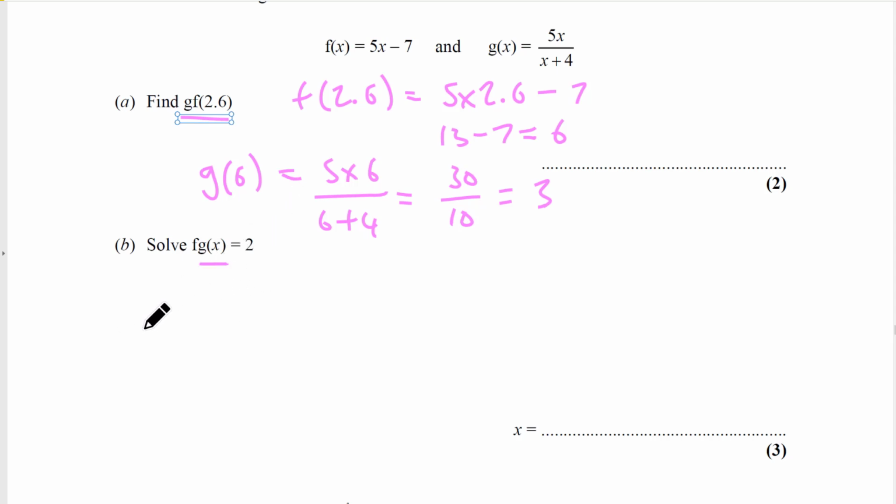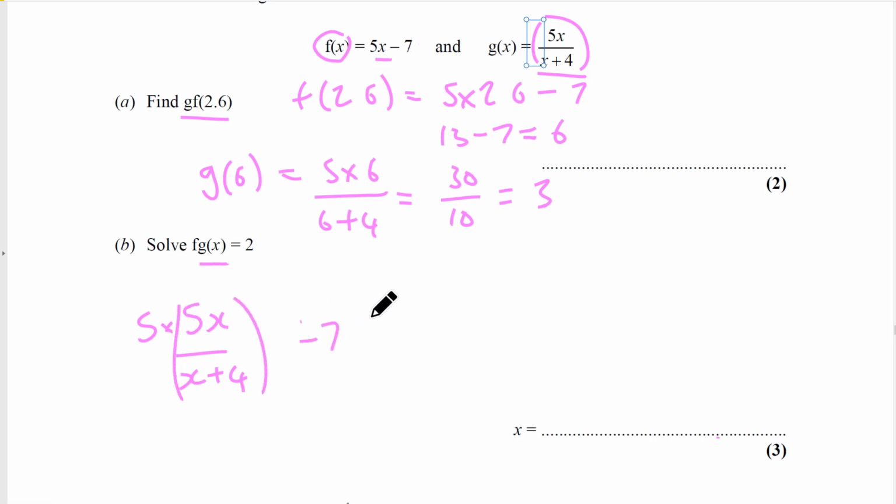So we're going to input the whole of this into here, so that's a 5x plus 4 here, but we must be careful because we've got a times 5 at the top here, so it's 5 times this, then minus the 7, and we know all that equals 2, so let's write that out neatly.